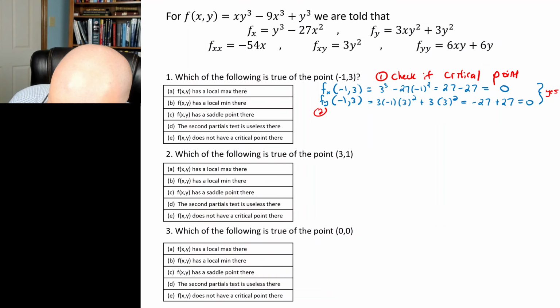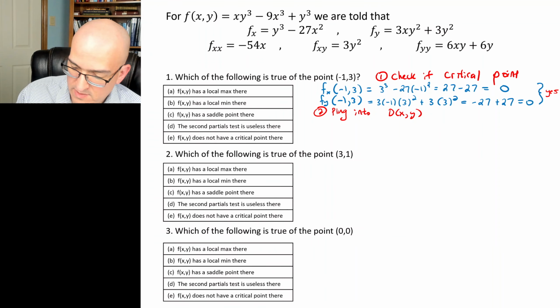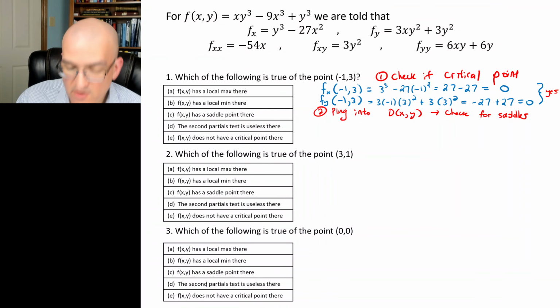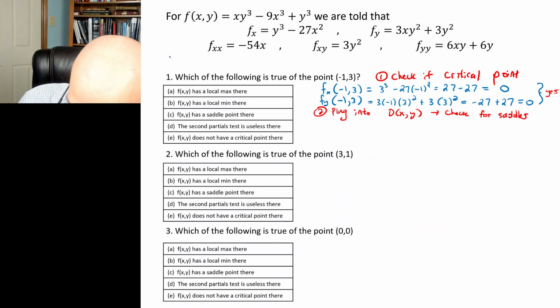Now, step 2, plug into D of x, y. Check for saddles. Well, what is D of x, y? Let's construct it. It's going to be the same D of x, y for all 3 parts of this question.